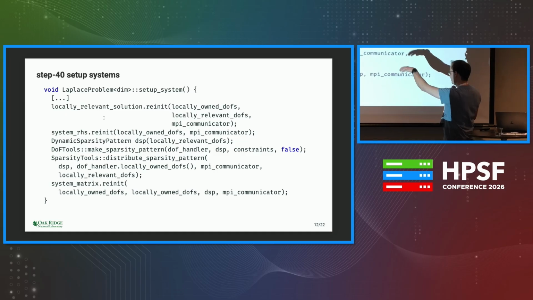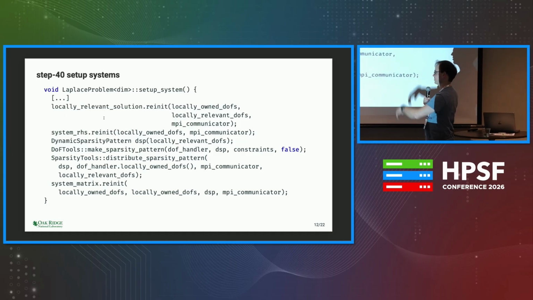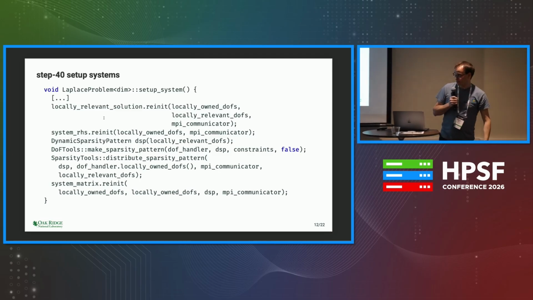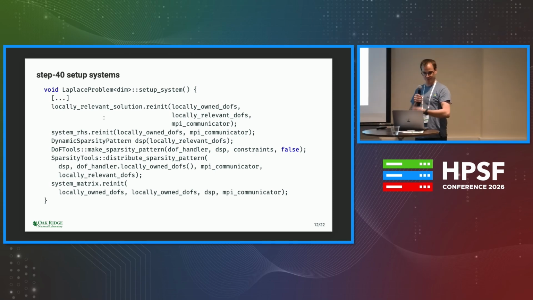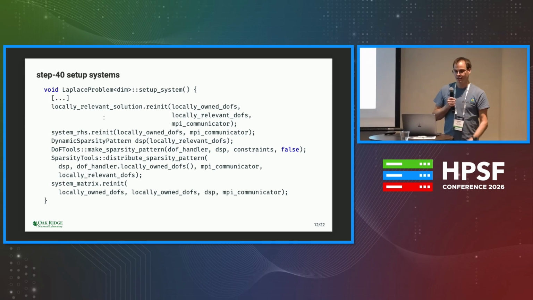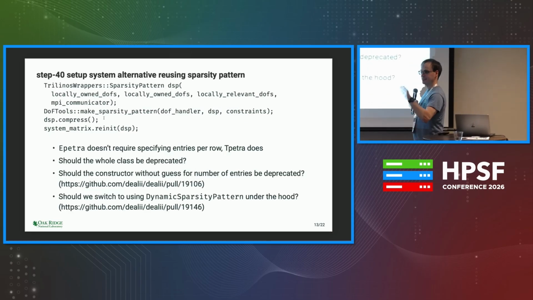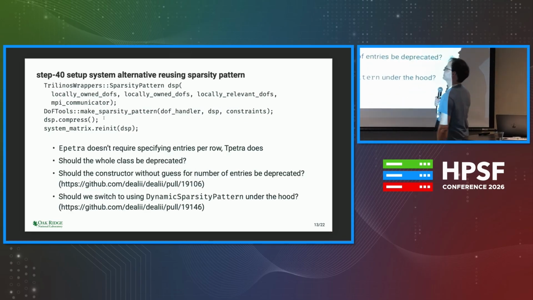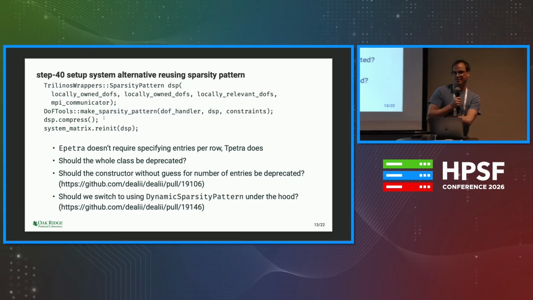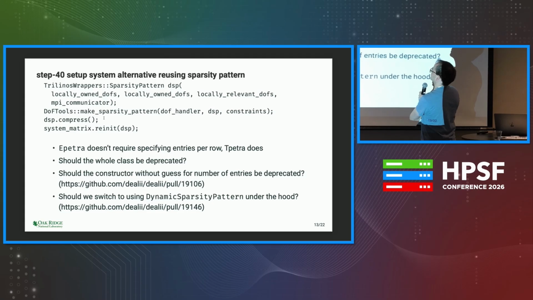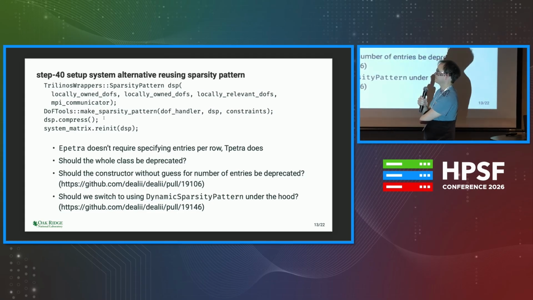Then we can distribute it across MPI ranks, and then reinitialize our, in this case, Trilinos wrappers matrix with it. So it's nice because we don't see a Trilinos wrapper sparsity pattern. If we see one, though, then there is a really hard break from Epetra to Tpetra, which is that in Epetra, the sparsity pattern was dynamic.